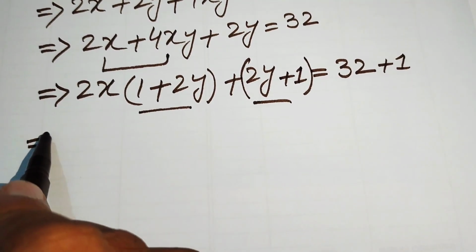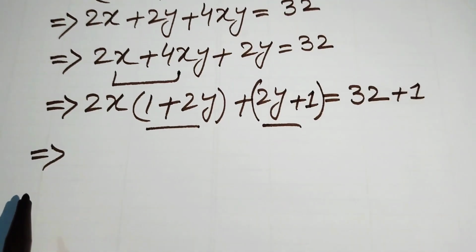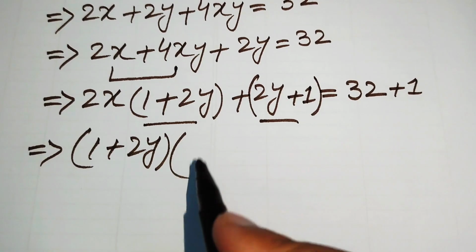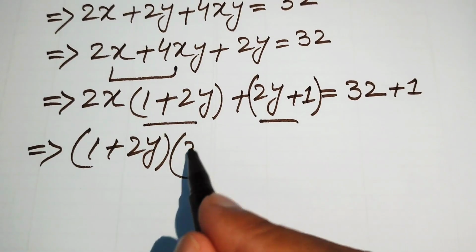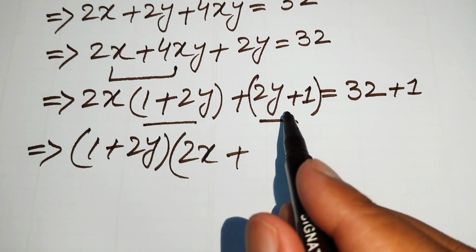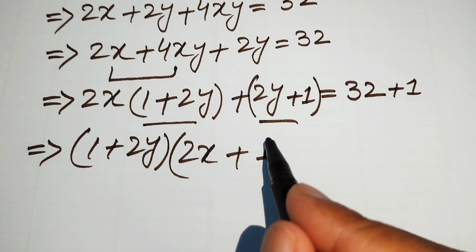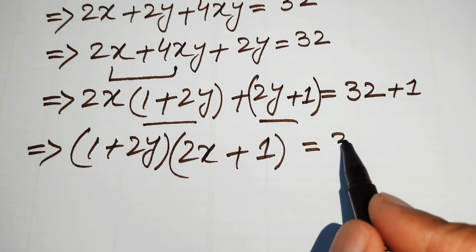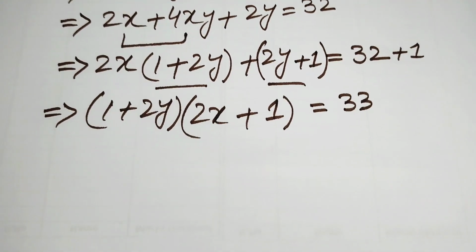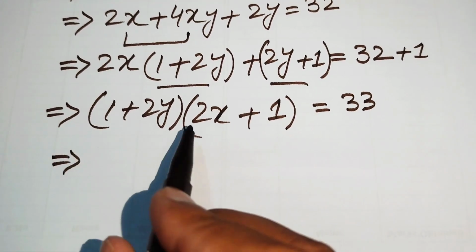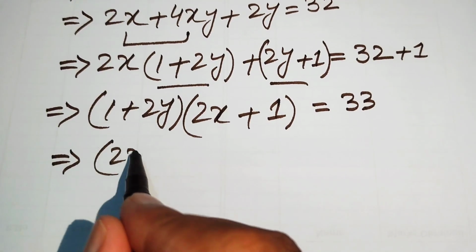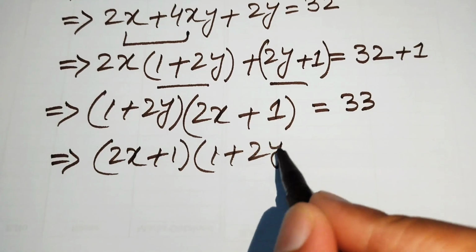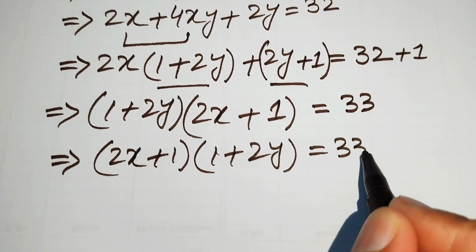Taking 1 plus 2y common, we get 2x plus 1 on the other factor, and 32 plus 1 equals 33. Rearranging, we first write the term involving x: 2x plus 1, times 1 plus 2y, equals 33.